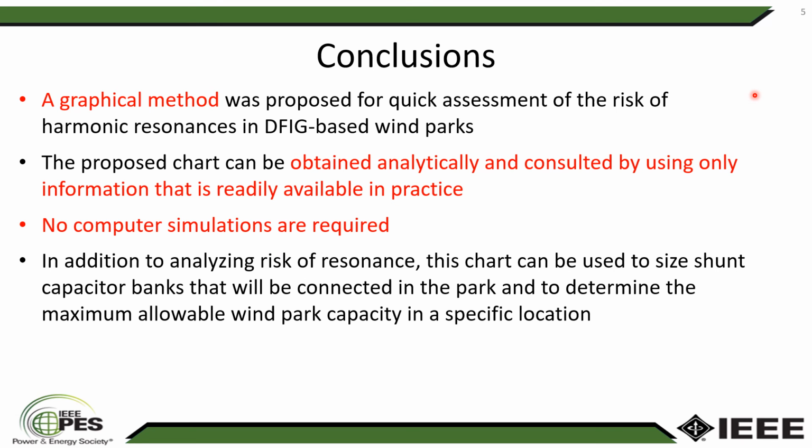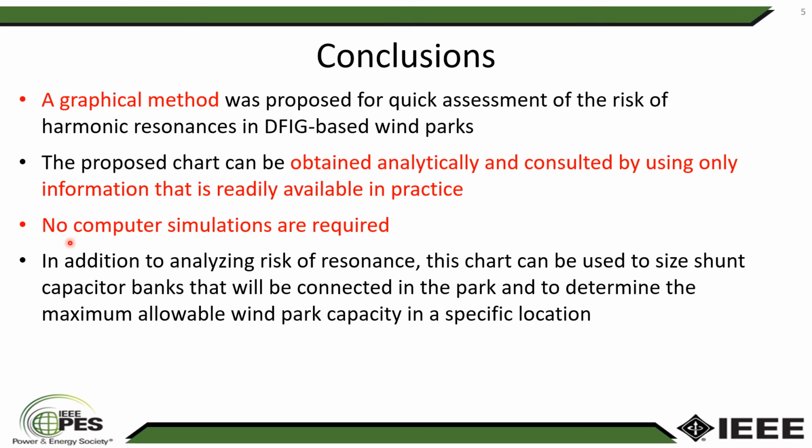In conclusion, in this work, we propose this graphical method for a quick assessment of the risk of harmonic resonances in DFIG-based wind parks. This chart can be obtained analytically and consulted by using only information that is readily available in practice, with no computer simulations required.